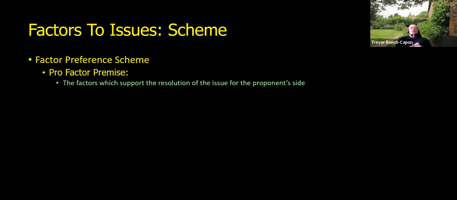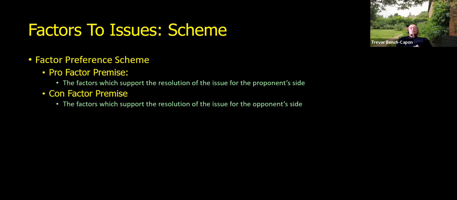So we say we have a pro-factor premise, which is the factors which support the resolution of the issue to the proponent's side. That's the pro-factors common to the current case and the present case. Similarly, we have a con-factor premise, which are those which support the resolution of the issue to the opponent's side.